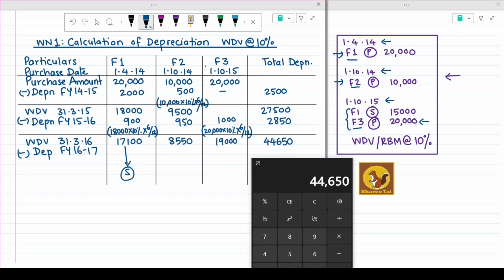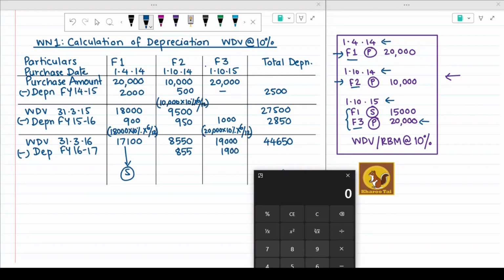So the depreciation will be 8,055 and 1,900. So here 19 plus 8 is 27,55.